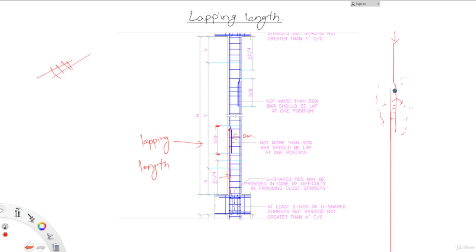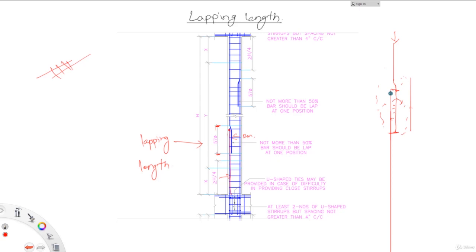And if this length is not sufficiently provided, the force will not adequately transfer into this rebar. Due to this, the concrete will have to take higher load and it might lead to the failure of the concrete. Due to this reason, this length must be provided adequately.